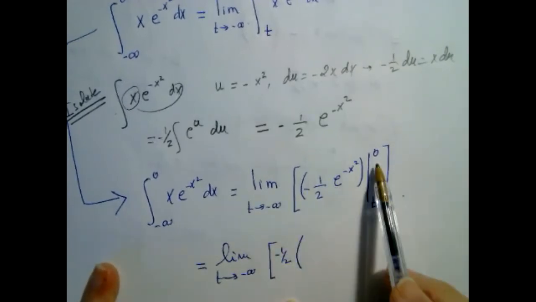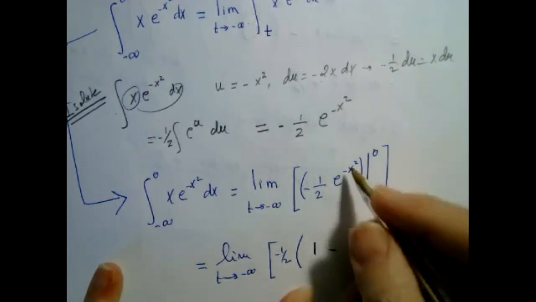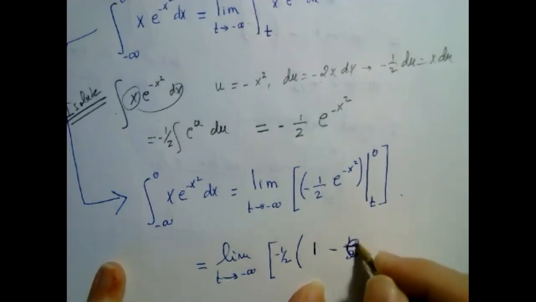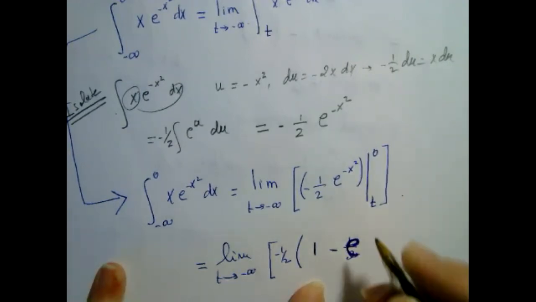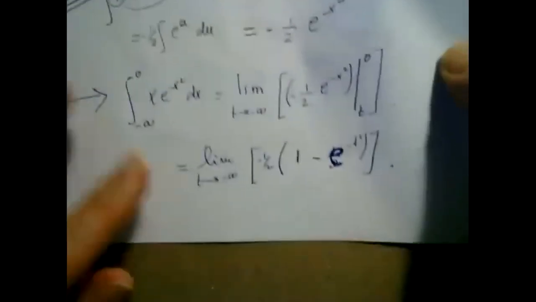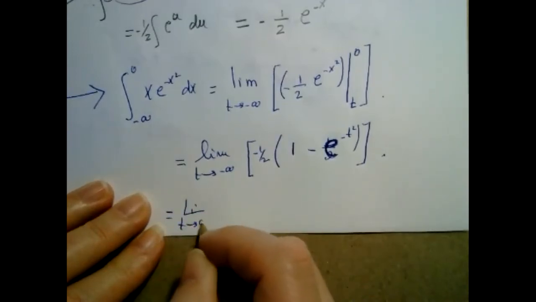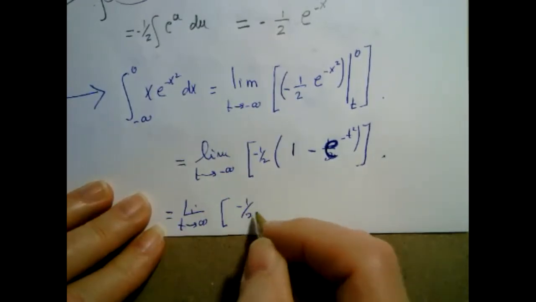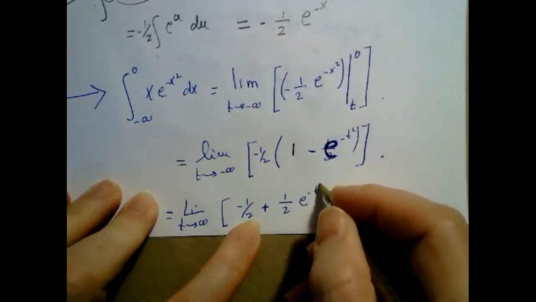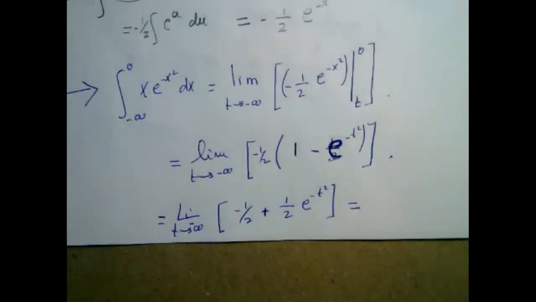And inside, the value at the upper limit is e to the 0, which is 1, minus the value at the lower limit, which is e to the minus t squared. Now finally, I will end up with the limit as t goes to minus infinity of minus a half plus a half e to the minus t squared. So this is equal to what?